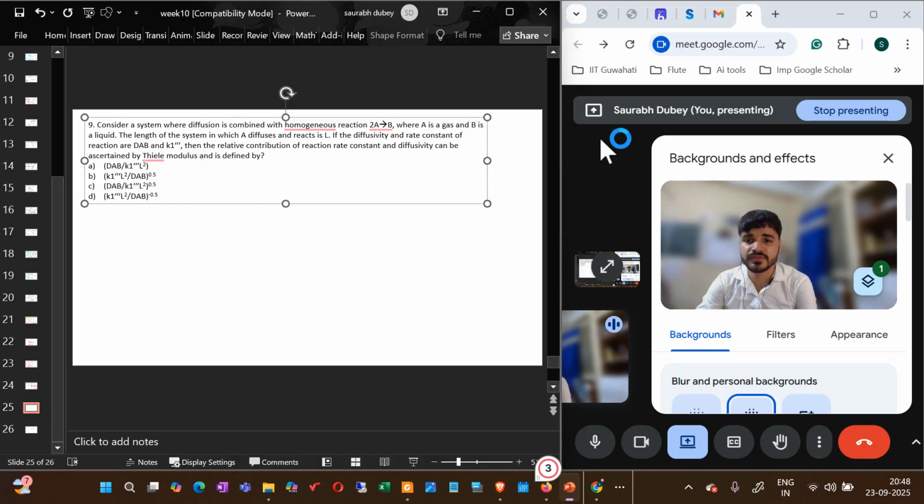The length of the system in which A diffuses and reacts is L. If the diffusivity and the rate constant of reaction are DAB and K1 triple S, then the relative contribution of reaction rate constant and diffusivity can be certain by Thiele modulus and is defined as.